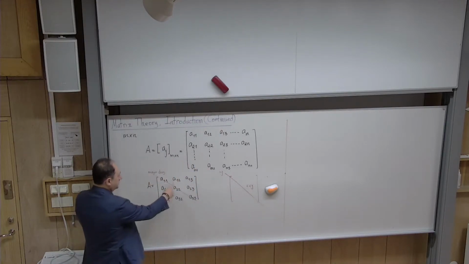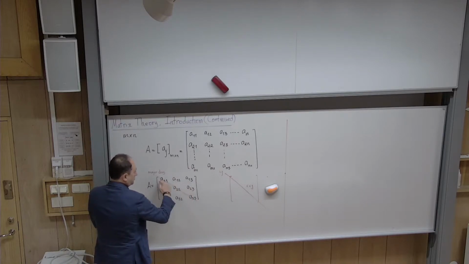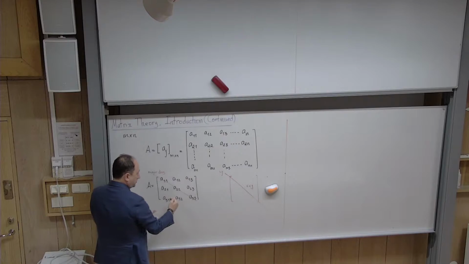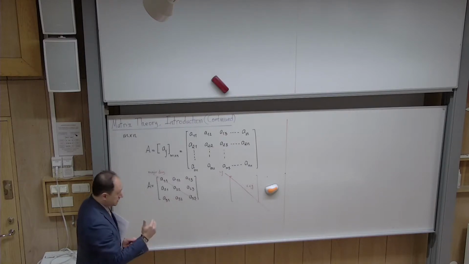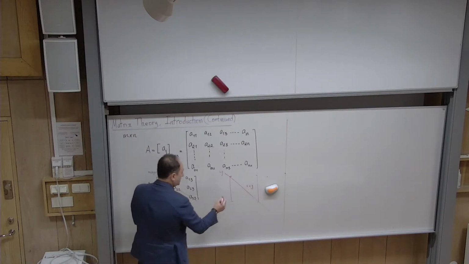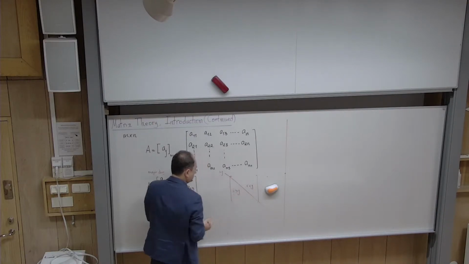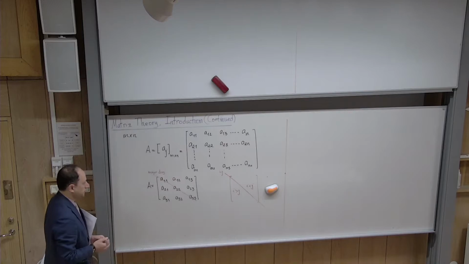Whenever you look at an entry above, by the way, these are called the entries above the main diagonal, every one has its row index smaller than its corresponding j index. And that is clear, and this is the other situation. Yes?